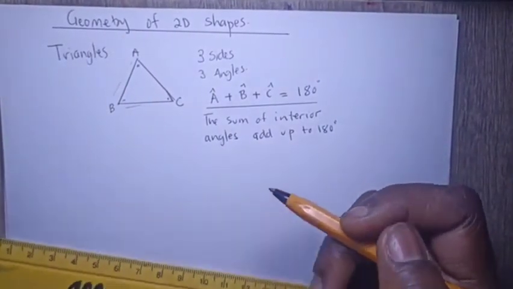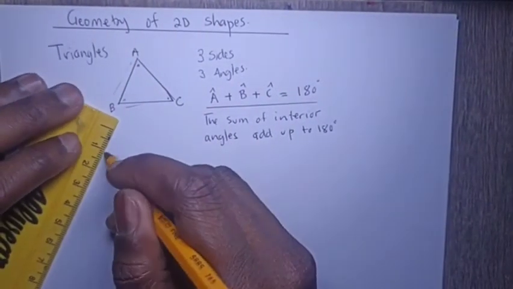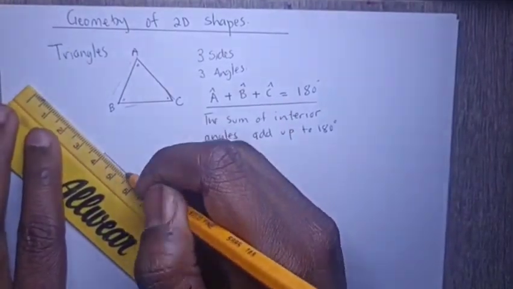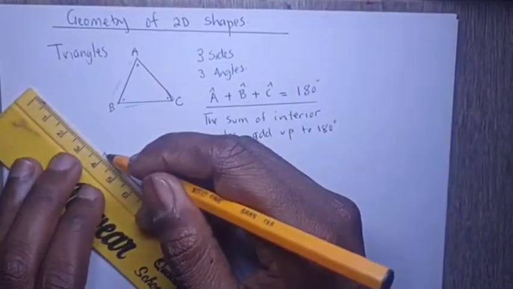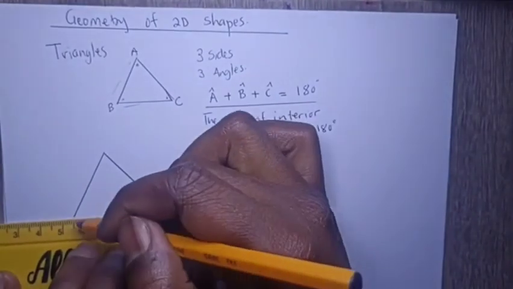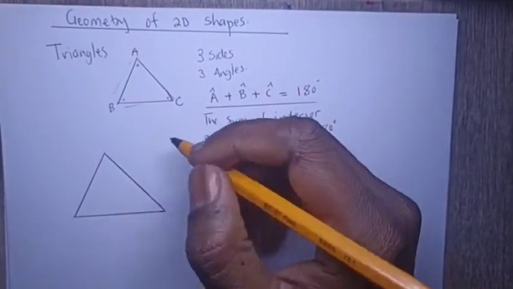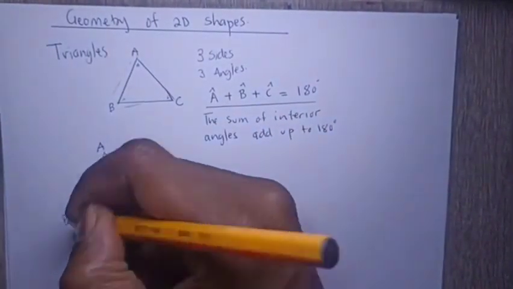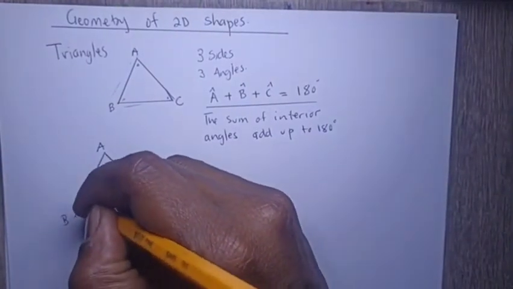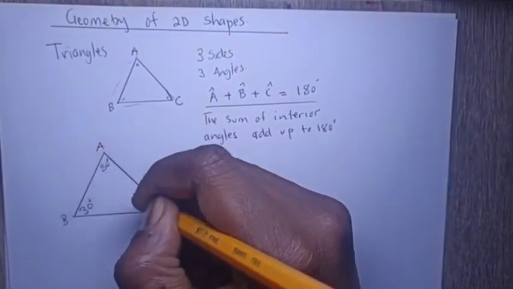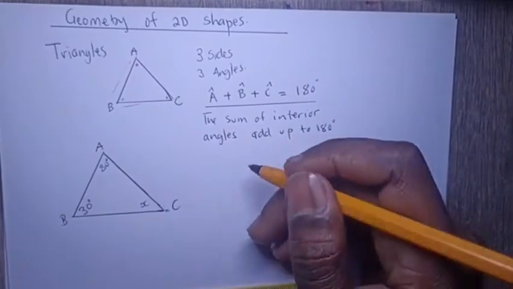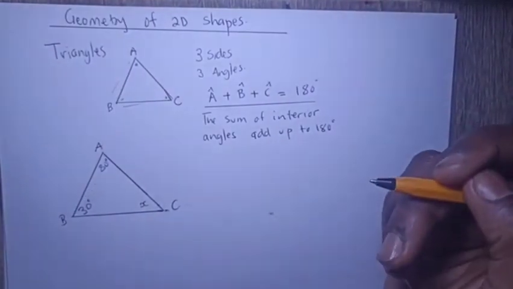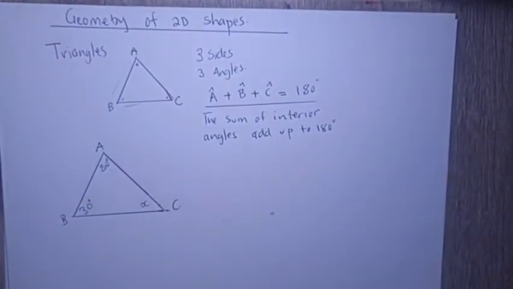Let me give an example quickly. Let's say you are given a triangle ABC and they tell you that this angle is 30 degrees, this is 80 degrees, and they say find X. Remember, with geometry, you must give a reason for every statement.